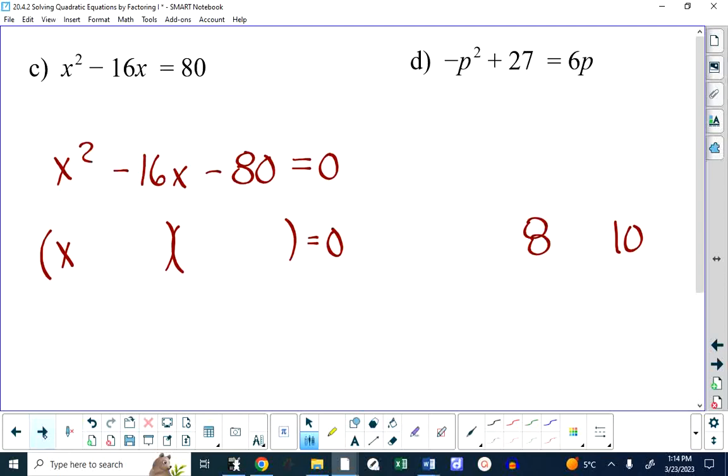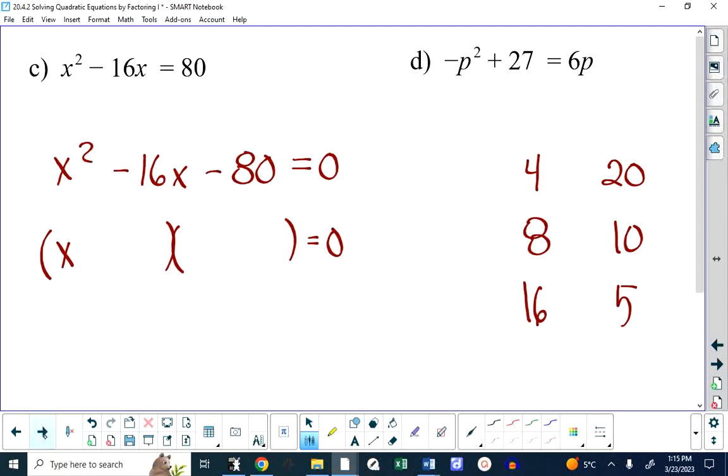But what I could do, and I hope this makes sense to you, is if I want to know some other factors of 80, I could take this number and double it, and this number and cut it in half. It should still multiply to give 80, but this is not going to give me 16. If I take this number 8 and divide by 2 and multiply this by 2, these numbers multiply to give 80. Oh, and they're 16 apart.